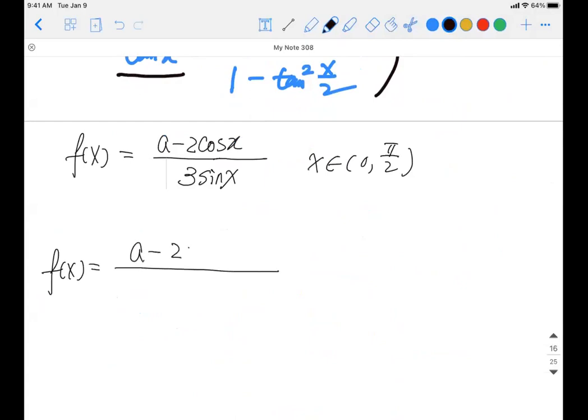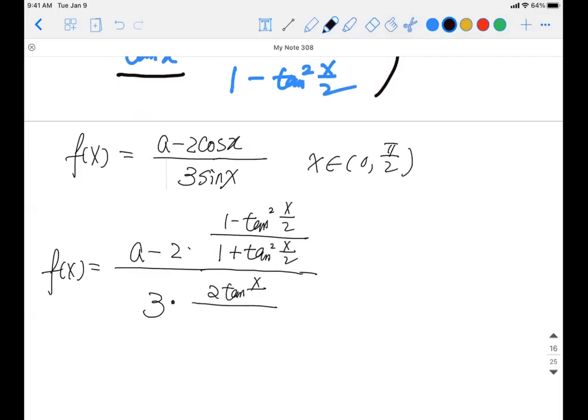A minus 2 times, 1 minus tangent squared of x over 2, over 1 plus tangent squared of x over 2, plus 3 times 2 tangent of x over 2, over 1 plus tangent squared of x over 2, right?